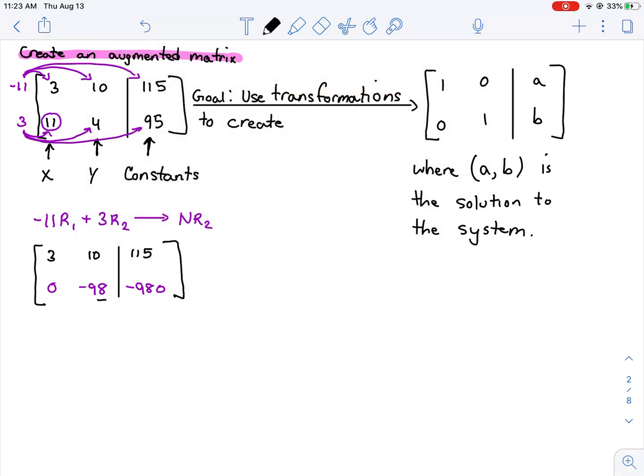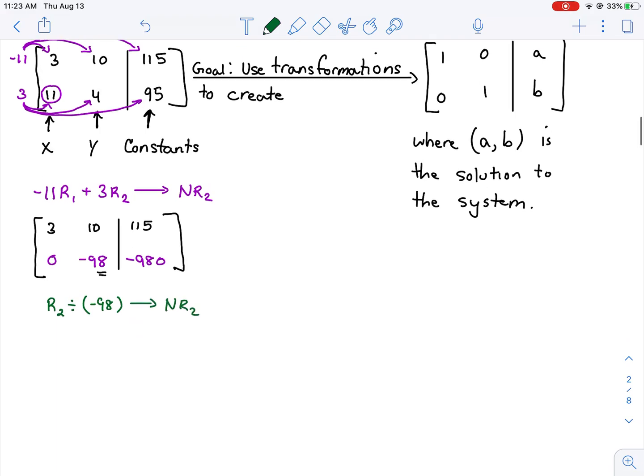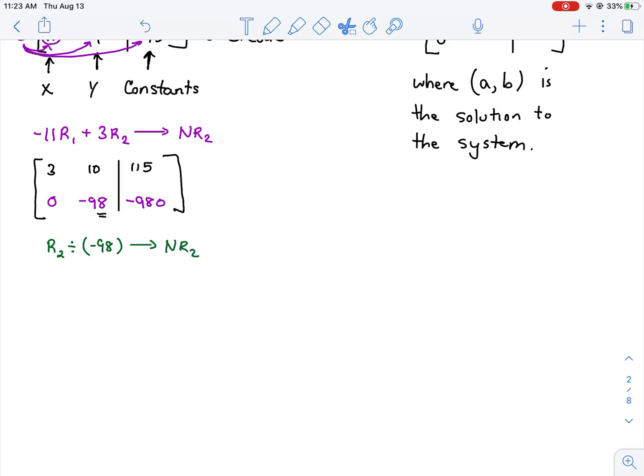Next, we want to make this negative 98 a 1. And to do that, we could take row 2 and divide it by negative 98. And that's going to be a new row 2. So I'm going to rewrite row 1. That hasn't changed. Zero divided by negative 98 is 0.